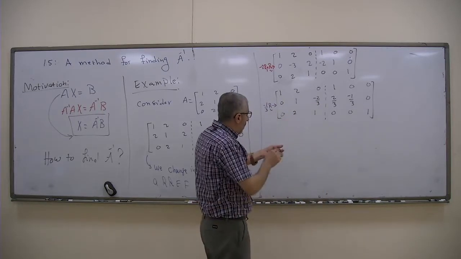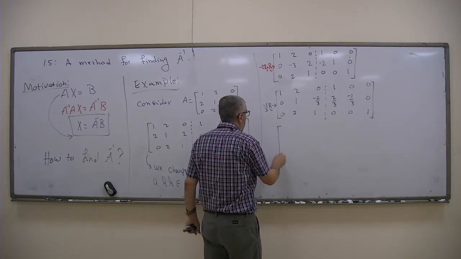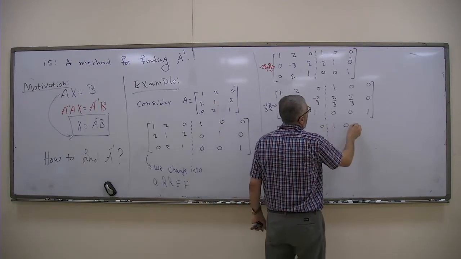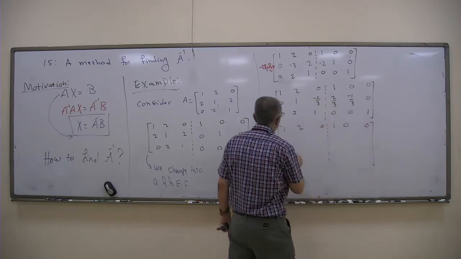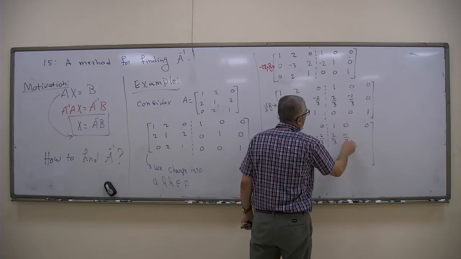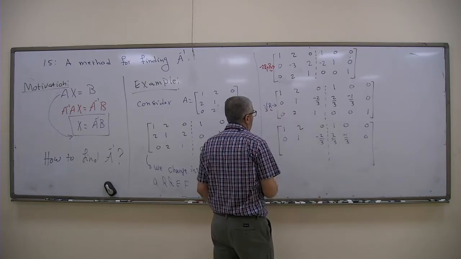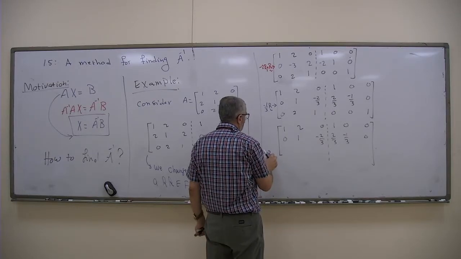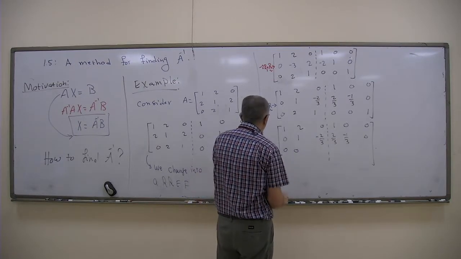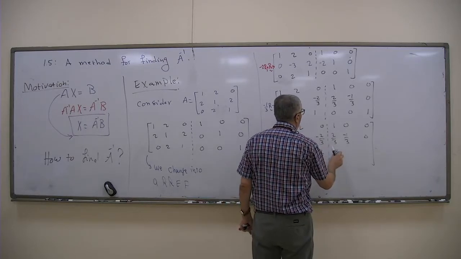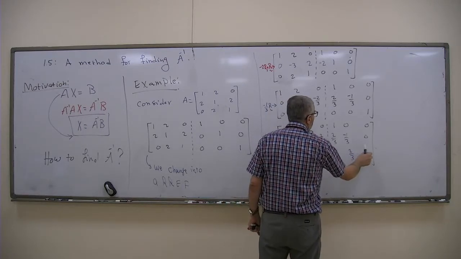Now we want this to be 0, so negative 2 R2 added to R3 replaces R3. So this will be 0, 0, 4/3, and here negative 4/3, 2/3, and 1.